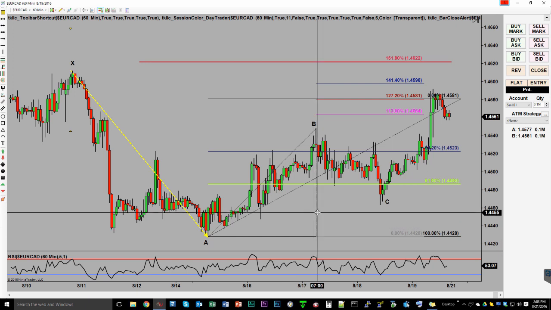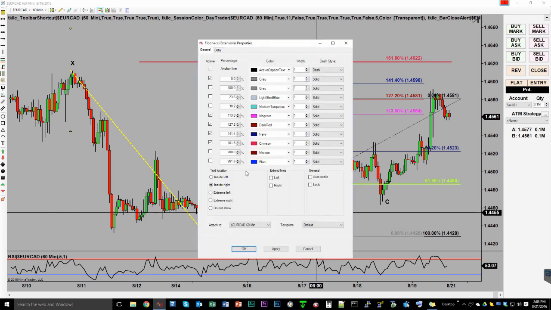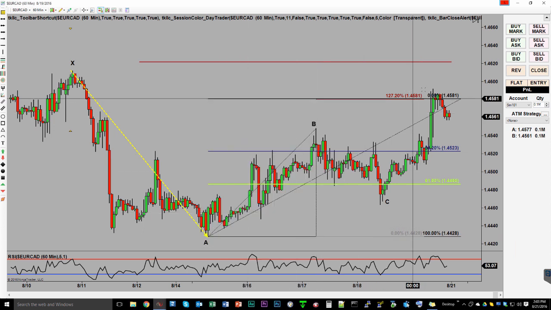Now, what we need to have happen here in terms of the targets is we don't know exactly if price will reverse right at the 127. That's the prediction, so we want to get filled there. But we don't know if it's going to fill right immediately and then reverse over. But if I'm worried about risk reward from my stops to my targets, if that's important to you, which it certainly should be in most cases, this would be your risk, down to the 127.